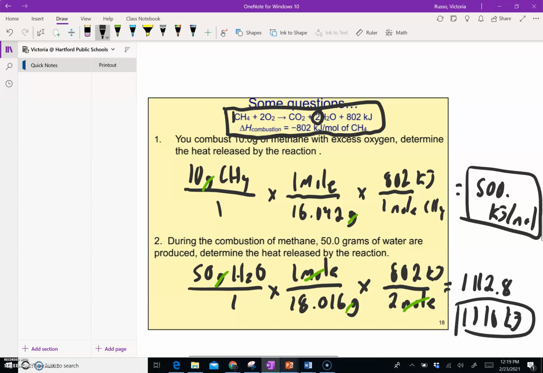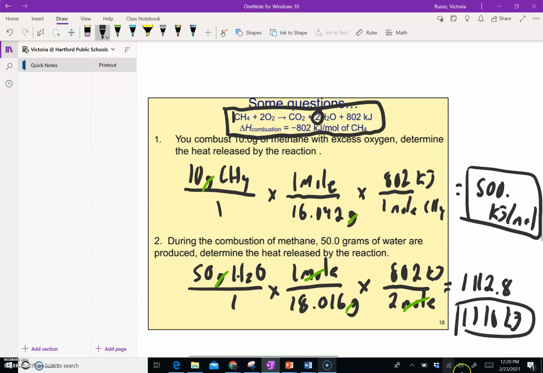So, again, you're using the delta H as a conversion factor based on the moles in the equation. If you combust 1 mole of CH4, you get negative 802 kilojoules, but that will produce 2 moles of water, and 2 moles of water will release that much energy.